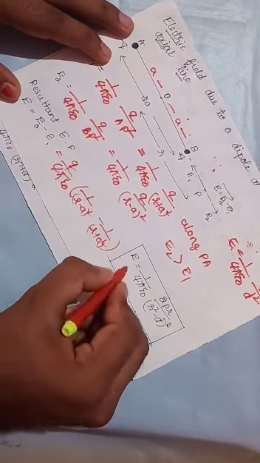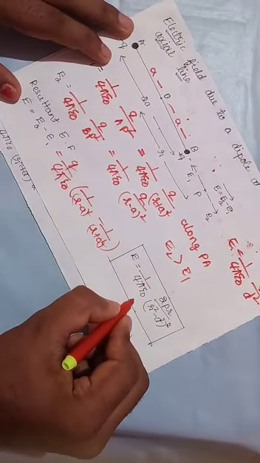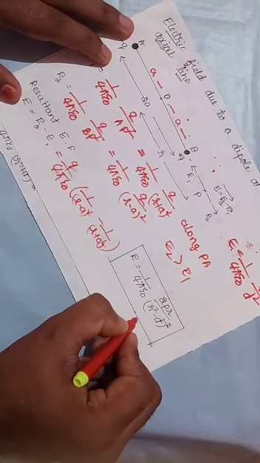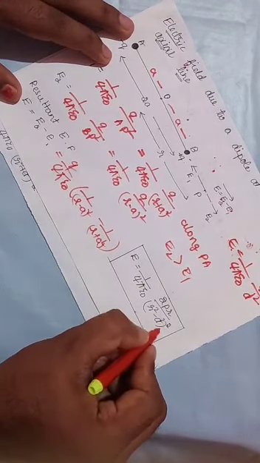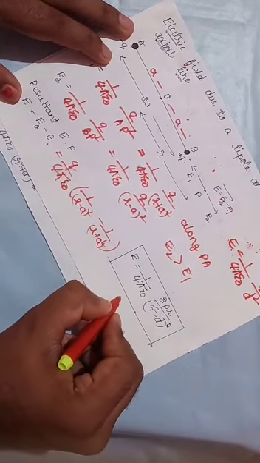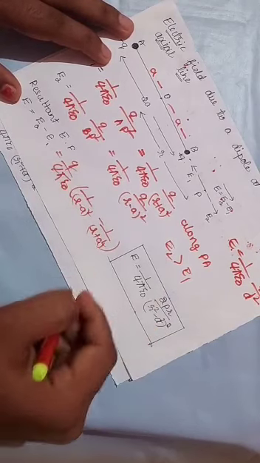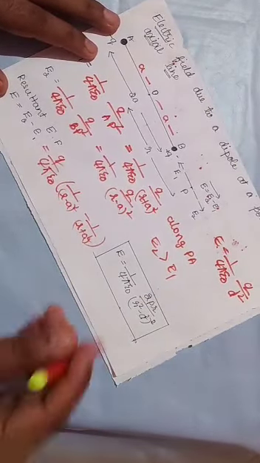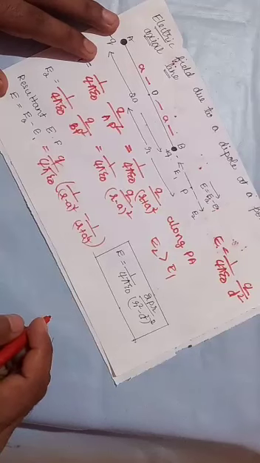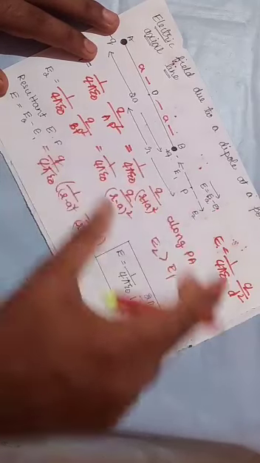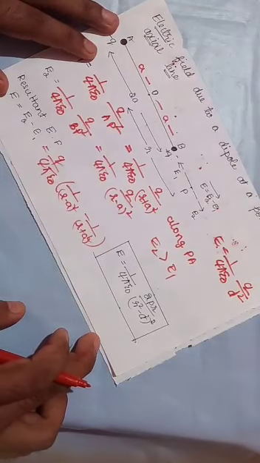On solving, you will get E equals 1 divided by 4 pi epsilon naught, 2pr divided by r square minus a square whole square. So this is the expression for electric field. In detail you have studied this in your regular classes. This is only a rough revision class. And the special case also we are going to study here.